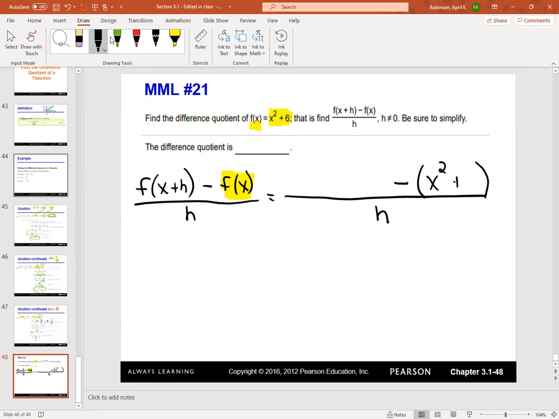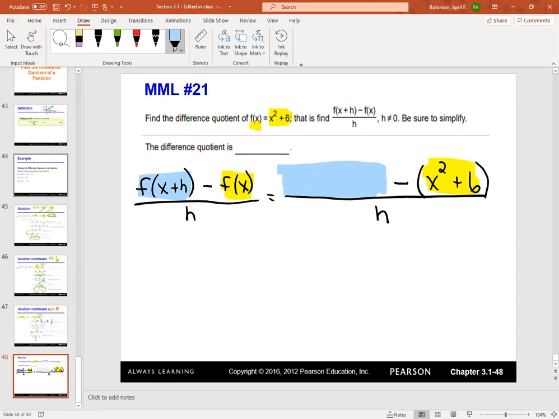That means you're going to have to distribute. You're simply going to write the entire function of x squared plus 6. However, in front of the function, in light blue, I have an f of x plus h. That's what's going to go here.